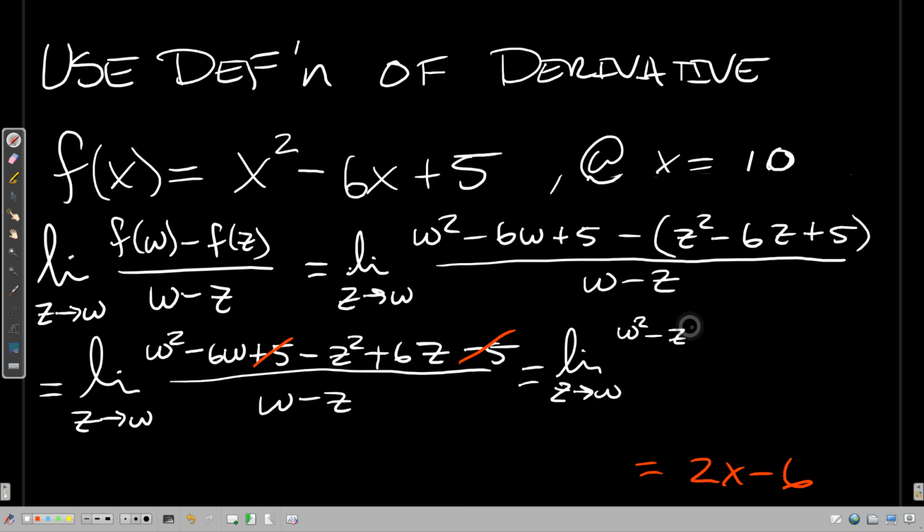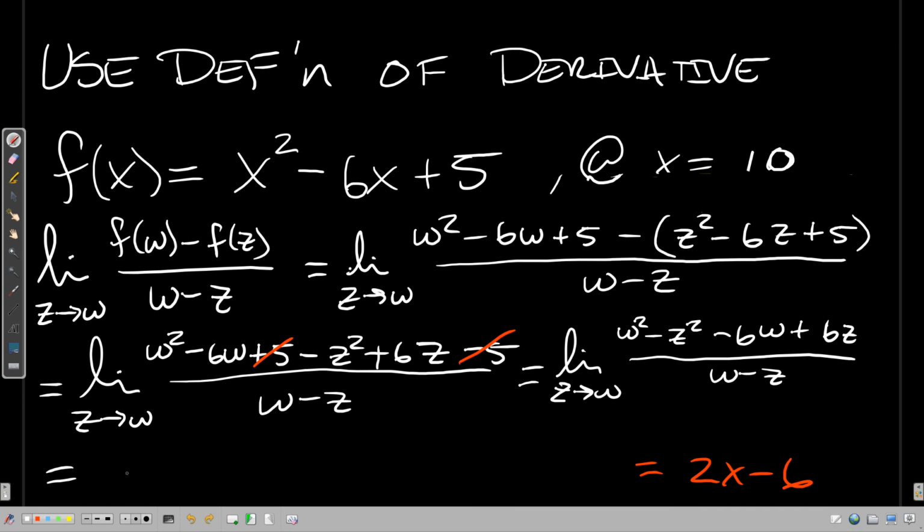It would say w squared minus z squared, and then minus 6w plus 6z over w minus z. You have a difference of two squares sitting right there, and from these other two terms they both have a 6 in common.